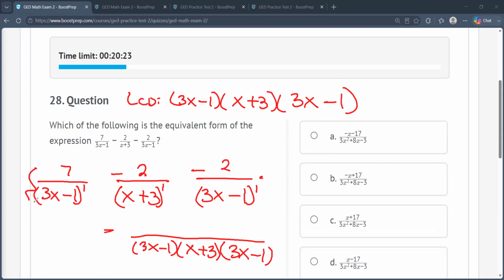So let's look at the left side. 3x minus 1, what are we missing? We're missing an x plus 3 and a 3x minus 1. And we've got to multiply it by 7. And the same thing here. Be careful, there's a minus.